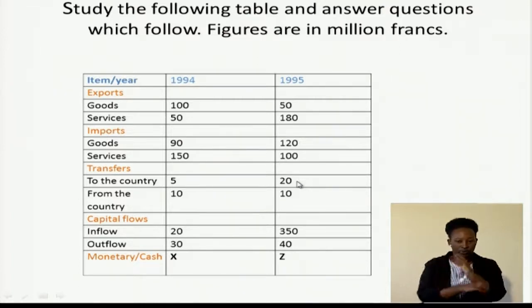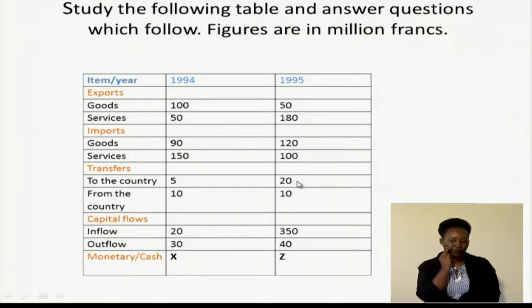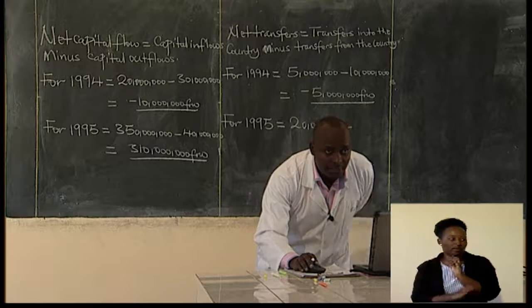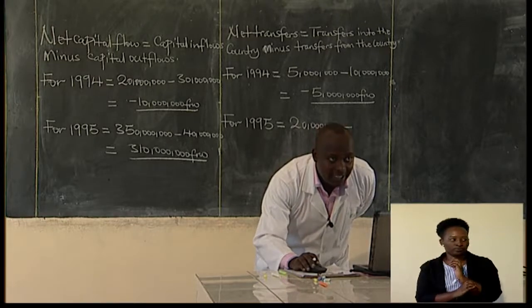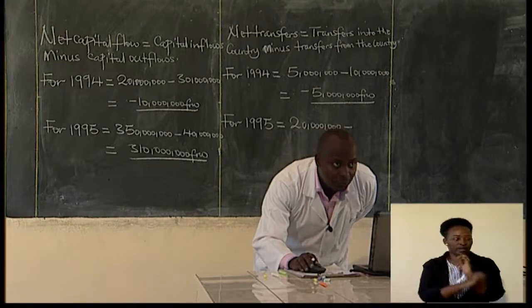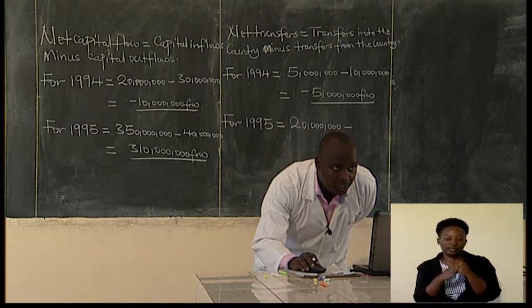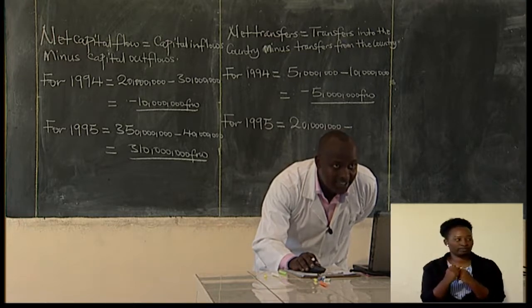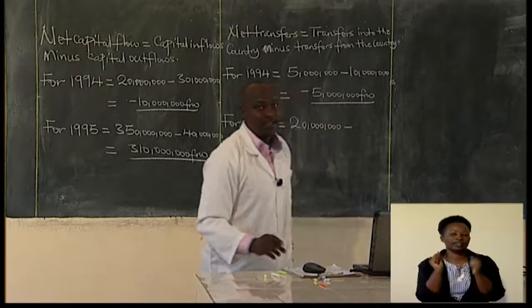Now, transfers into the country in 1995 is 20 million. We shall get 20 million, which is transfer into the country, minus transfer from the country. And transfer from the country in 1995 is 10 million.